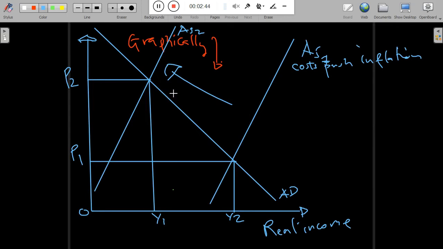This graph illustrates this kind of inflation. On the left hand side we have price 1 and price 2, and on the x-axis we have real income. Under cost push inflation, the aggregate supply shifts from aggregate supply 1 to aggregate supply 2, and the price increases from P1 to P2.